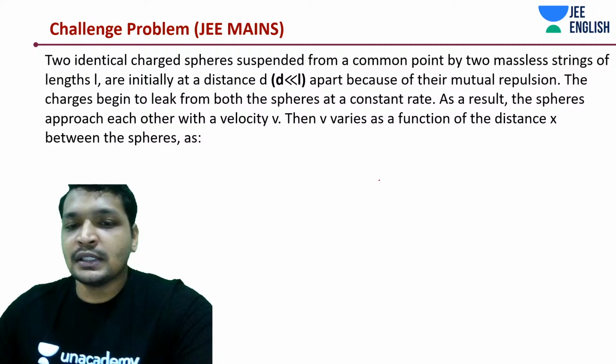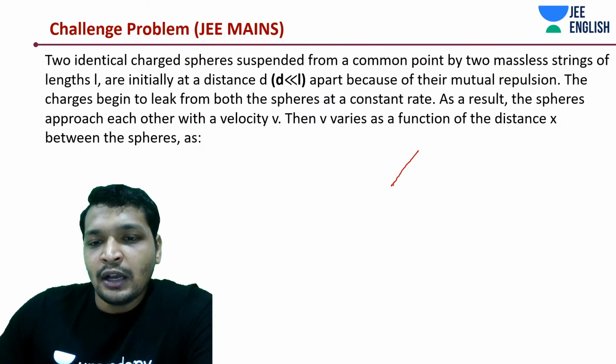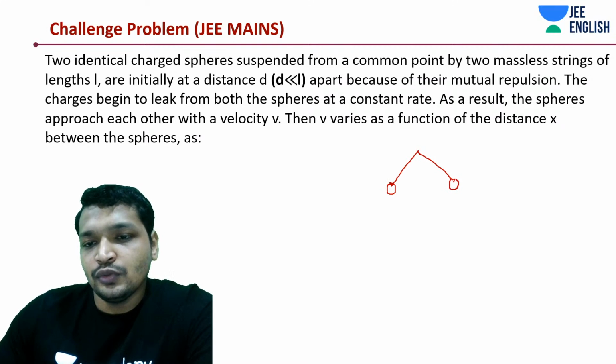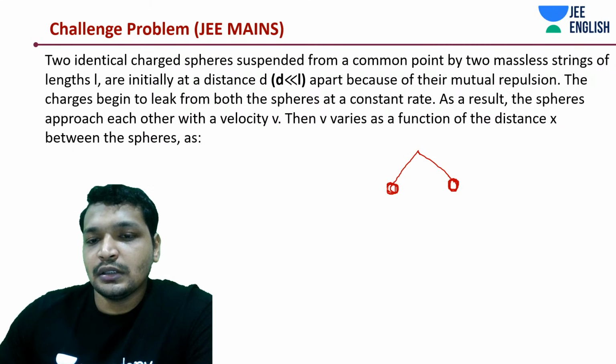Let's first of all understand what is being said. So you have a massless string and you have two spheres, identical charged point charges kind of thing, which are being separated.